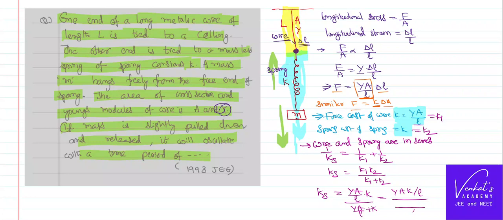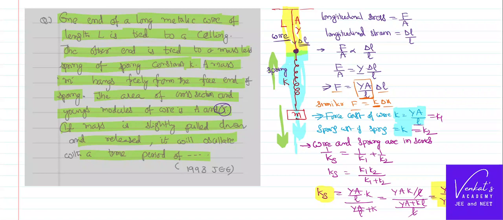In the denominator, L is the LCM, so YA plus KL. This L in the numerator denominator and this L in the denominator will get cancelled. So what is remaining is YAK by YA plus KL. That is the effective spring constant of the entire system itself.